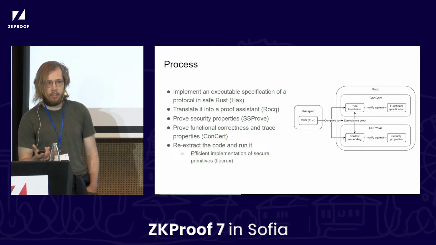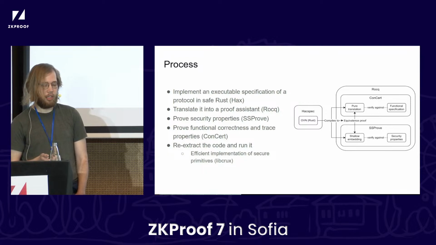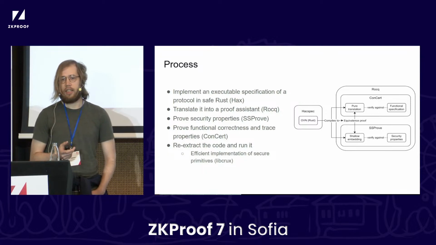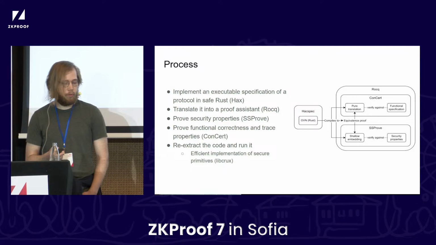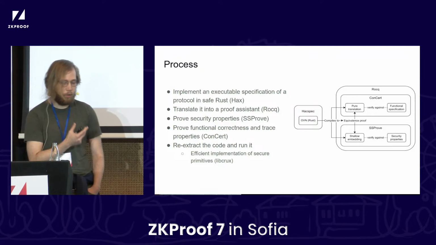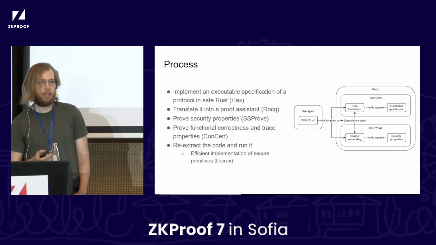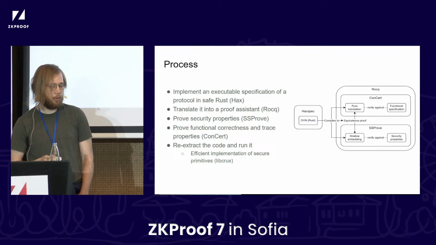We then take these things, and for our case, we translate it into Rocq. Inside of Rocq, we have a security library called SSProve, where we prove some security properties about this smart contract, this voting protocol. And then we also use ConCert to prove functional correctness of the smart contract and prove some trace properties.